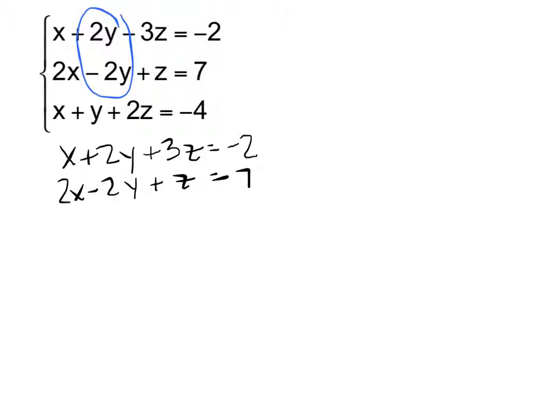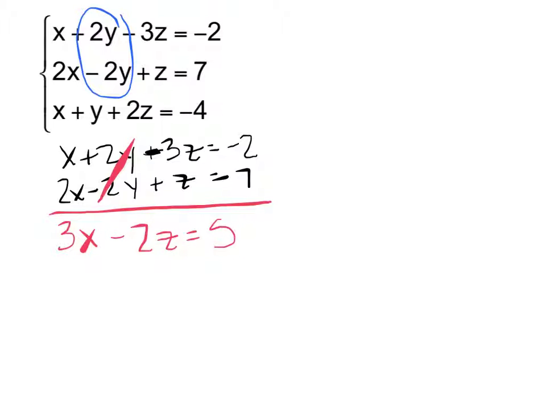Those are the two equations we're going to use to solve. That was minus 3z, wasn't it? Yes, sorry. Fixed. All right, let's combine these two. We are going to end up with 3x, no y's, and negative 2z equals 5.